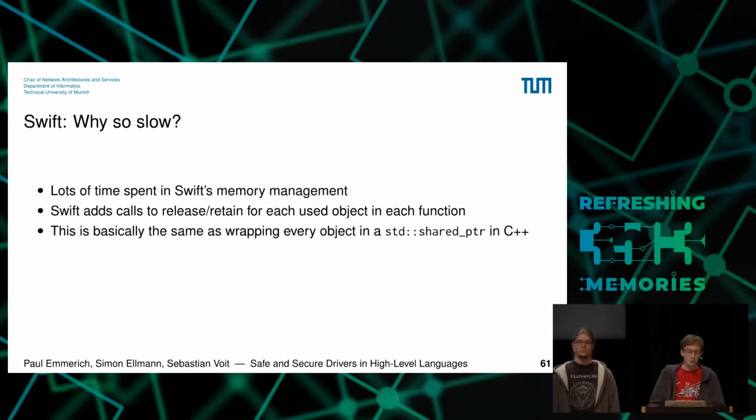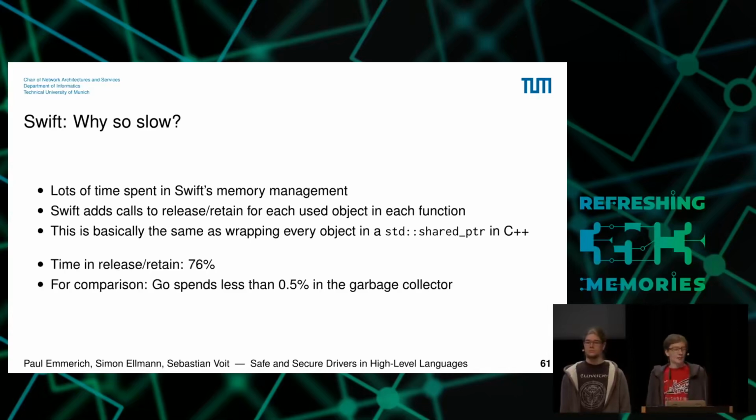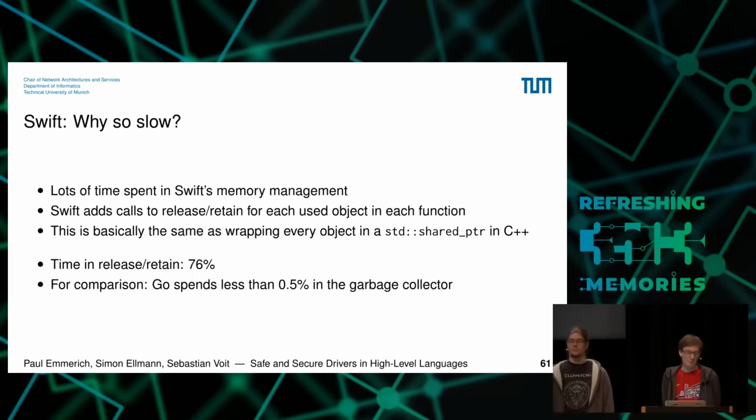That's basically no problem if you are just writing a UI app with some buttons or something, but if you are writing a driver that has to pass millions of packets through a lot of functions all the time, then it turns out it spends 76% of its time in these release and retain calls, so it could be 4 times faster if it had another way to manage memory.